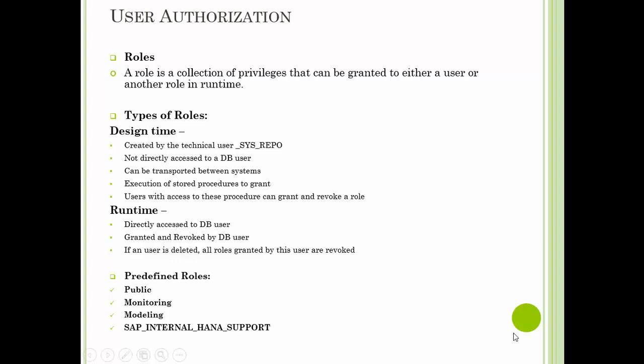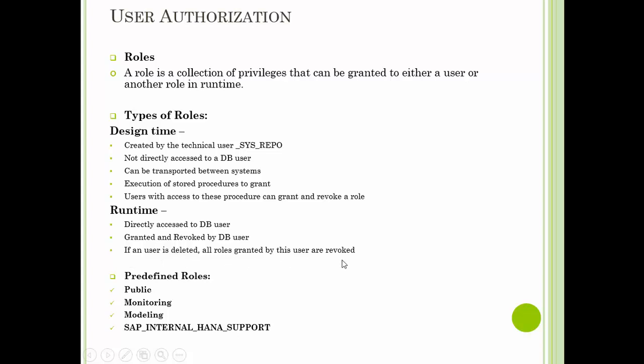Coming to runtime roles. Runtime is for direct access to the database. And again, this is granted or revoked by a database user only. And note, if any user gets deleted, all roles granted by this user are revoked.